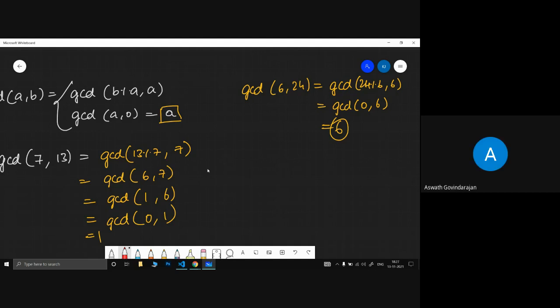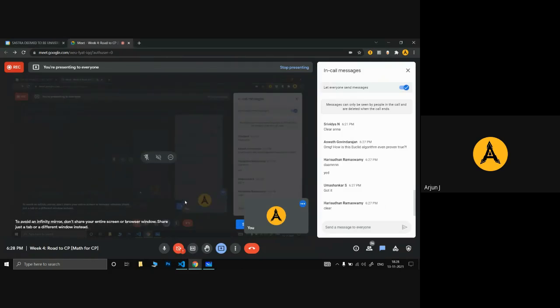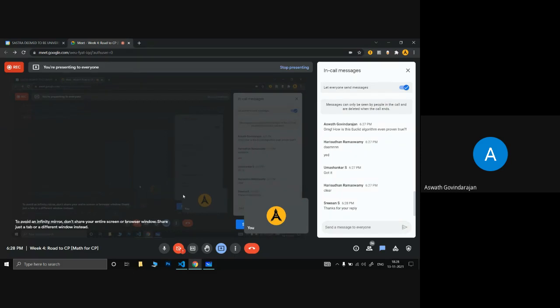Is there any specific proof for Euclid's algorithm working, or should we take the word for it? Sorry, can you please come again? Is there any specific mathematical or algorithmic proof for Euclid's algorithm? As the session is just going to be around 1.5 hours, I have a lot of concepts to cover, so I am not going with proofs.